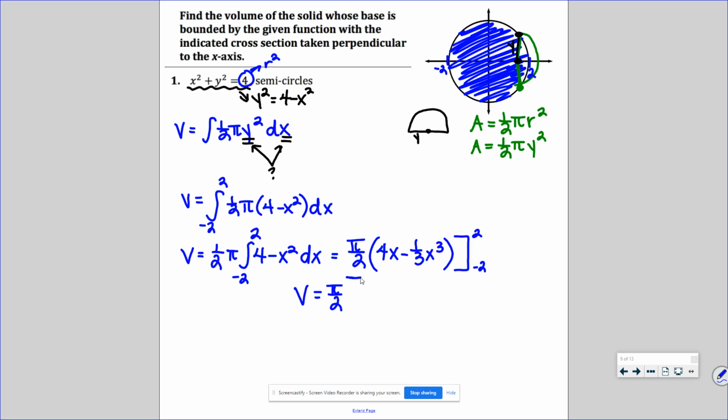I'm going to leave pi over 2 out until the very end. And we would have, let's see, just plugging in the number, getting ahead of myself. Plug in your 2, so 4 times 2, minus 8/3, minus, now I'm going to plug in -2.